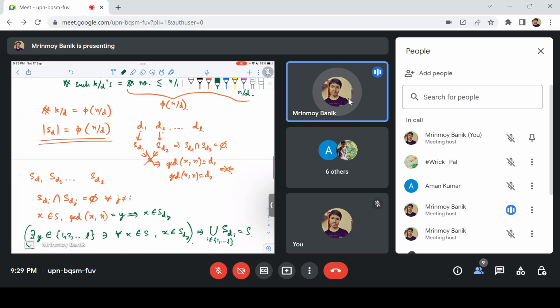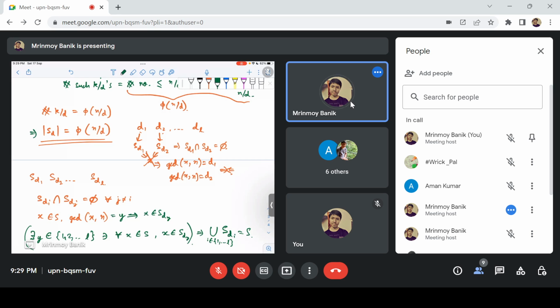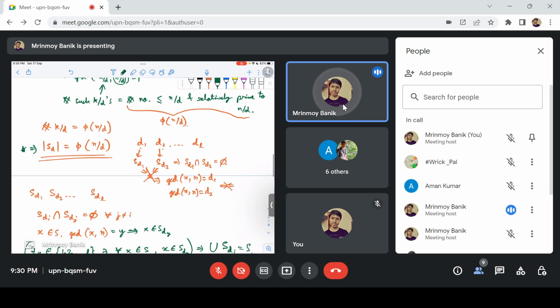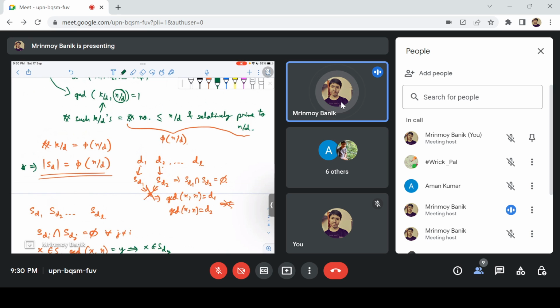And from here, we know the sum over S_d_i's is actually the sum over phi of n by d's, which is equal to n from star, since we showed the cardinality of S_d_i is the totient function of n by d.